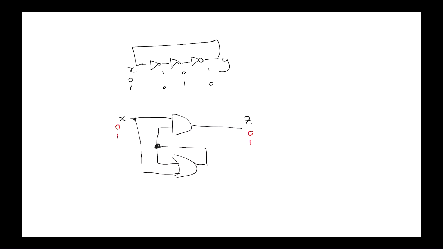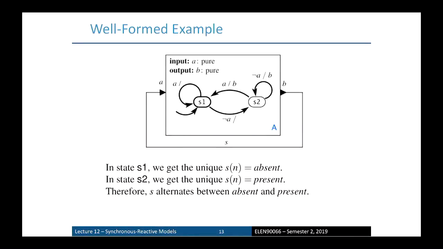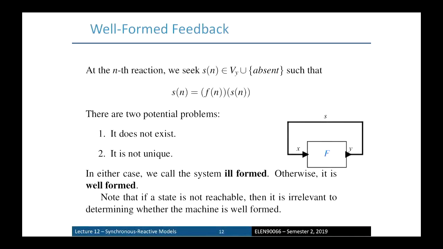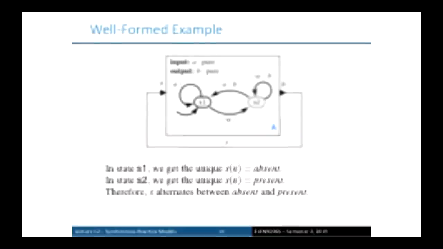Right, I'll give you a more concrete example in terms of an FSM. Here's a very simple FSM, a two-state FSM, one input, one output, but it's in a feedback formation here. So what we want to do is check for well-formedness, if you like. And the two rules are that we have to check that a fixed point exists and that it is unique, to be well-formed.